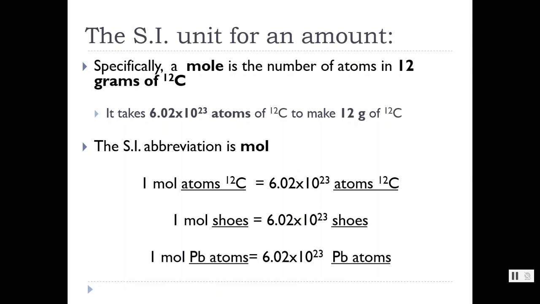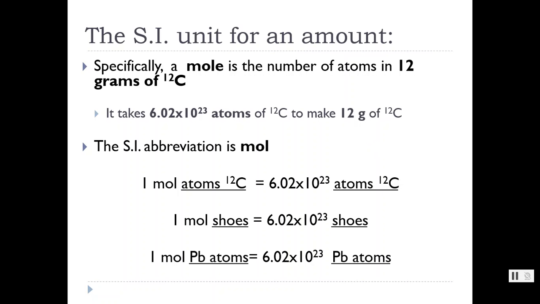The main definition of a mole, we learned it in the previous video, is that 1 mole of anything, be it atoms or shoes or molecules, is 6.02 times 10 to the 23rd of whatever species you are counting. And that number, 6.02 times 10 to the 23rd, has a special name called Avogadro's number. So that's where we stopped in the last video.